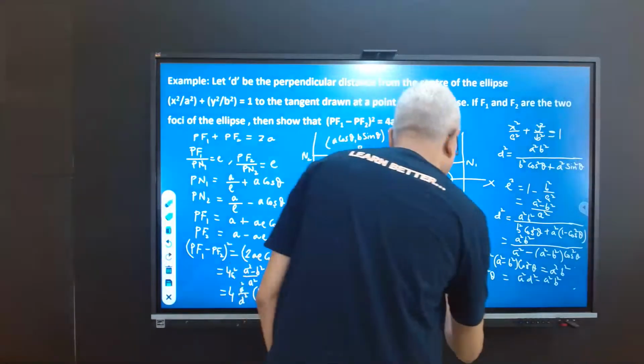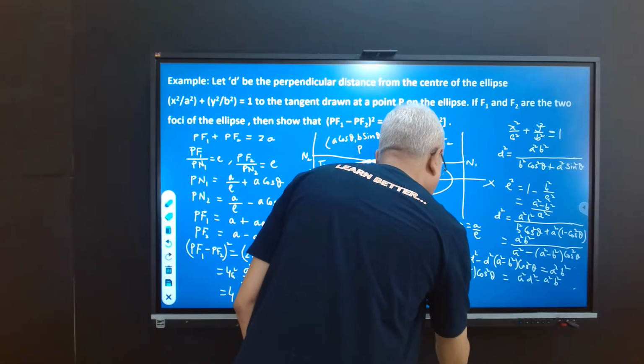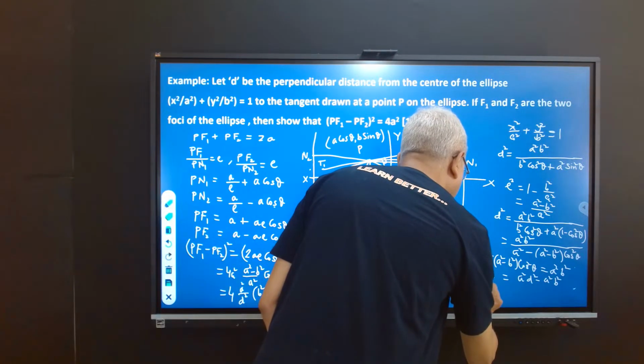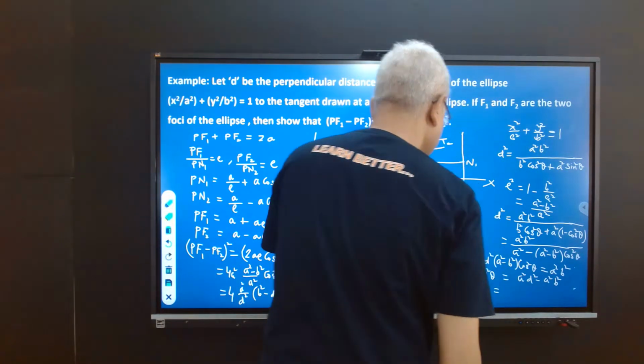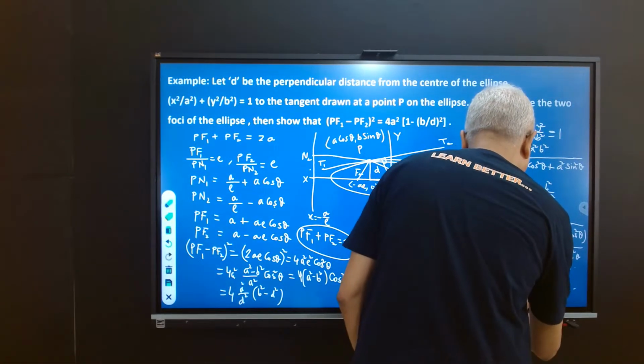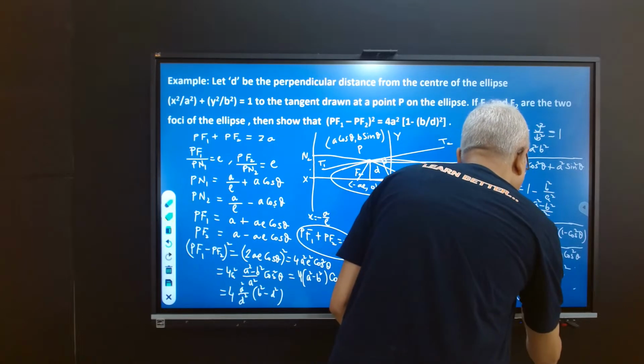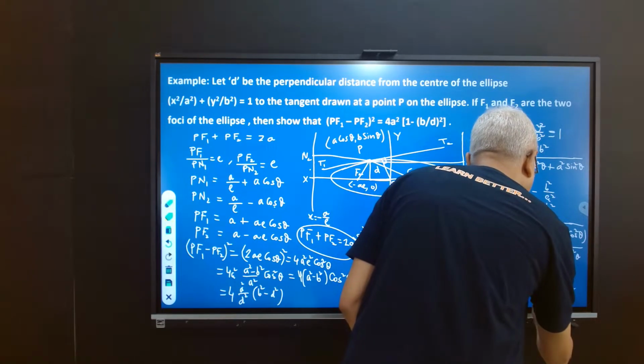And therefore, a square minus b square cos square theta is equal to, if I take common, 1 minus b square by b square.